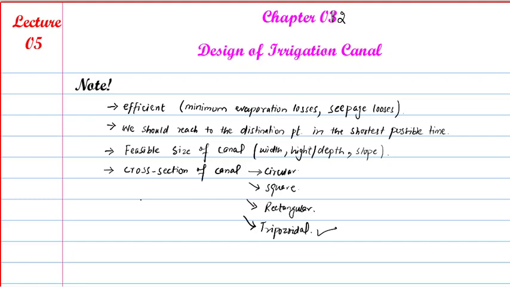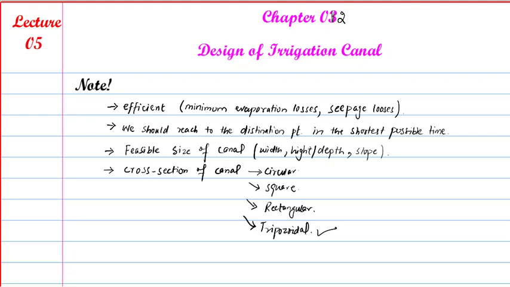So these are some important points, and they are showing why designing an irrigation canal is important. Because if you do just some sort of excavation to take the water from the source to the field, that is also called a canal, but that is not properly designed. If it is not properly designed, then it will not be an efficient canal, and there will be operation losses, there will be seepage losses, and it will take the longest route, or it will take more time, right?